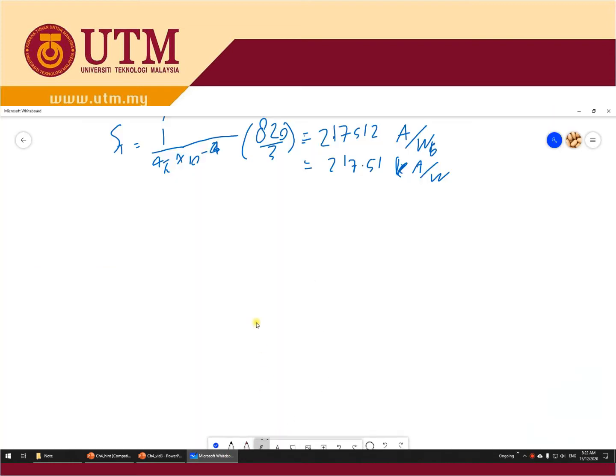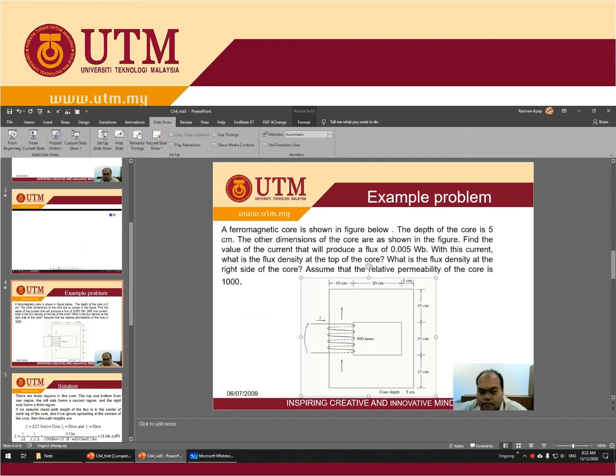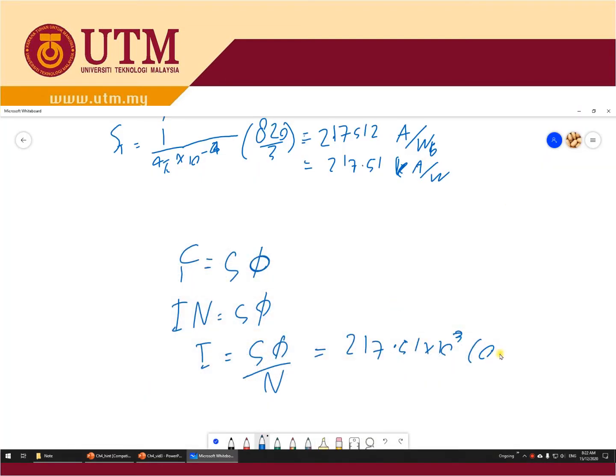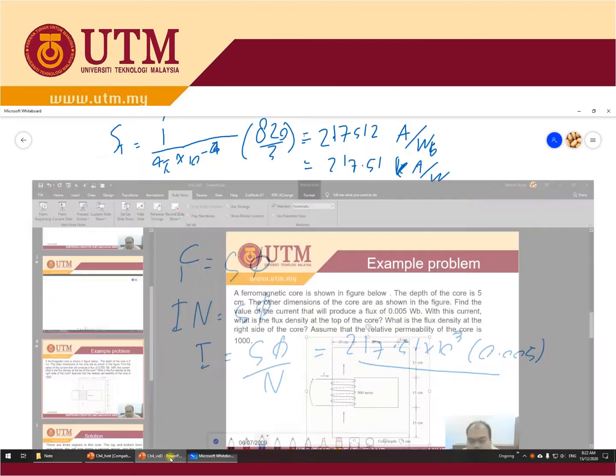Basically, F equals S times flux, and F is equal to N times I. So I is equal to S times flux divided by N. S is 217.51 multiplied by 10 to the power of 3, and the flux is 0.005, divided by the number of turns, which is 500.